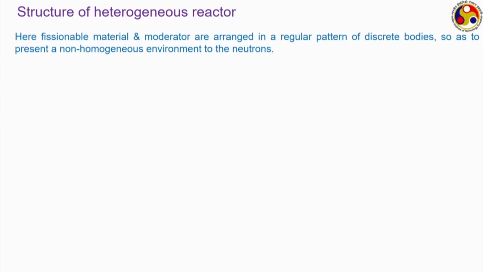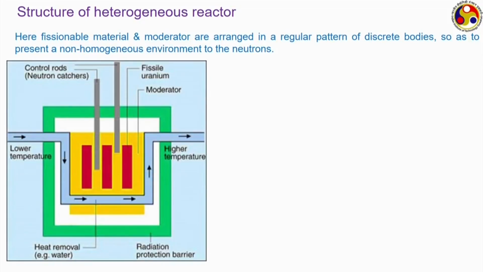In a heterogeneous nuclear reactor, we have the fissionable material, that is the fuel, and the moderator kept separately, but they are generally arranged in some kind of regular, repeatable pattern, and every fuel component is generally separated by moderator from the adjacent fuel components. Just represent a picture like this.